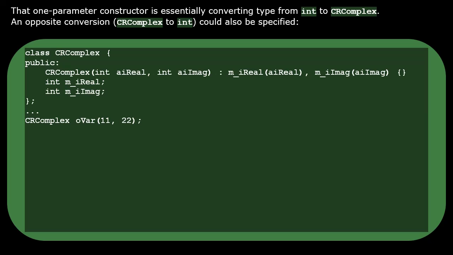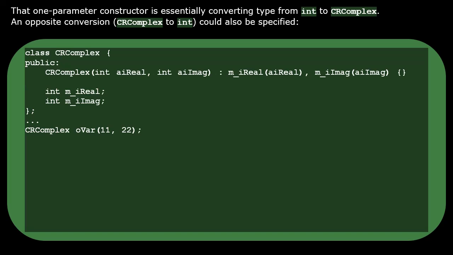That one parameter constructor is essentially converting type from int to CR complex. The opposite conversion from CR complex to int could also be specified.